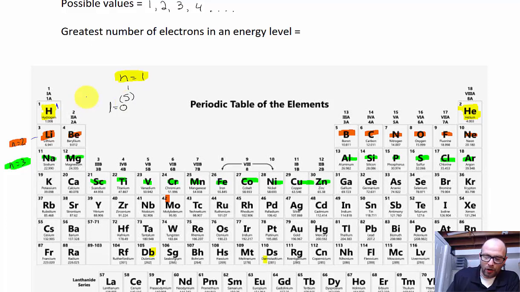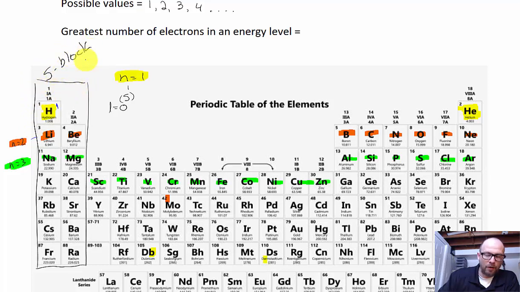We call this block of the periodic table over here the s block. What it means is that the outermost, or highest energy, electron in any of these elements will always be located in an s orbital.